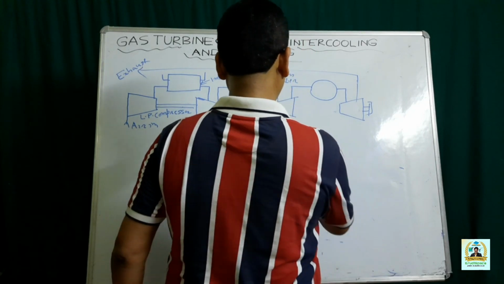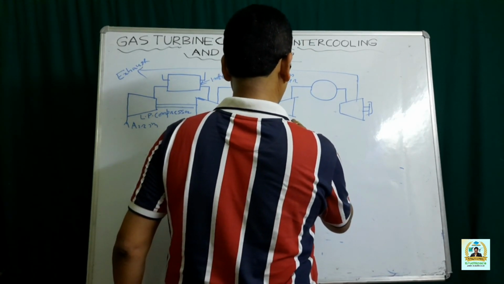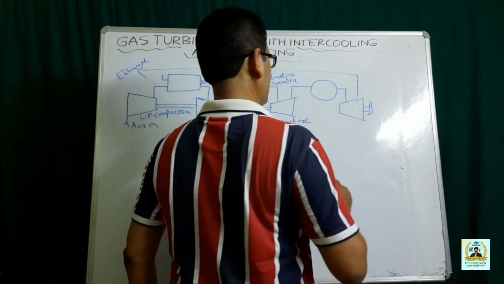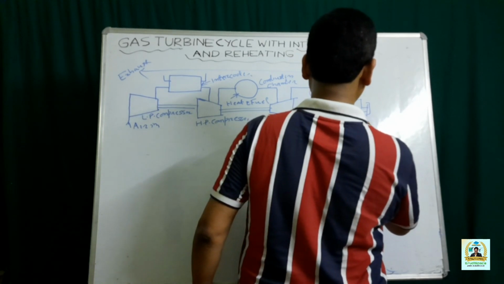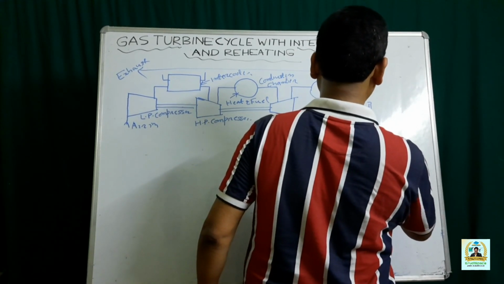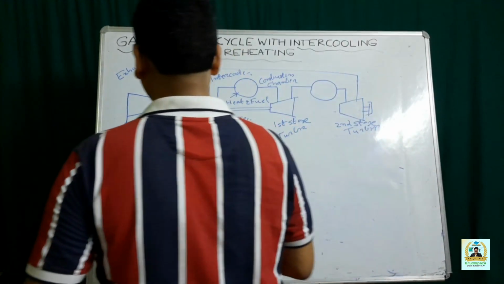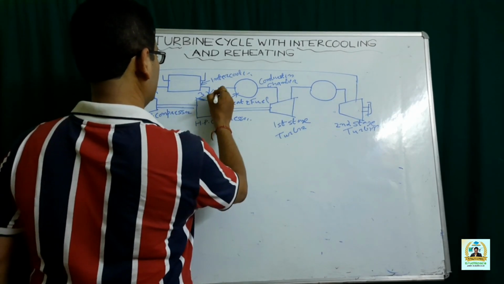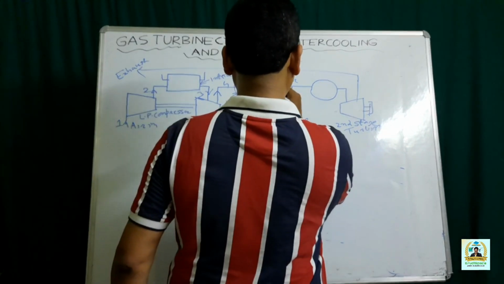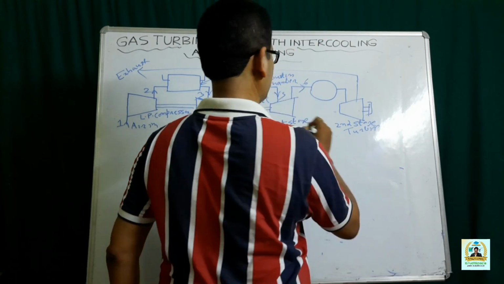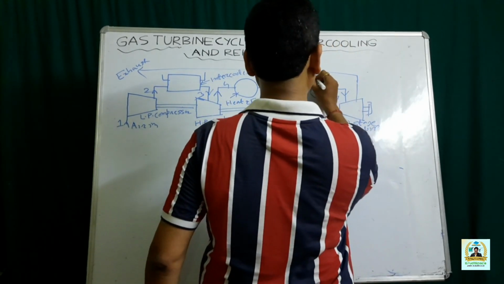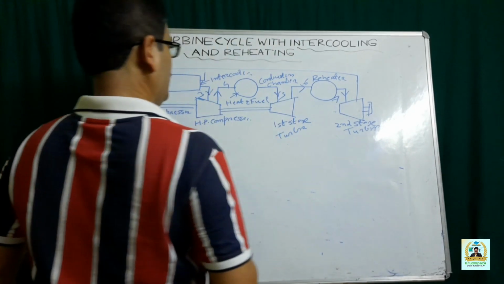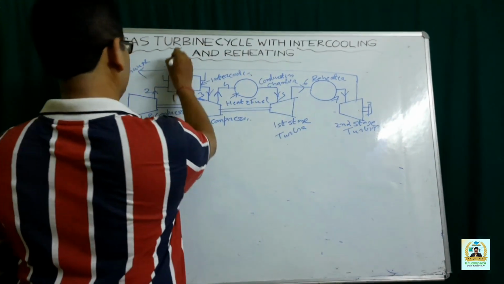Then this one is the first stage turbine. This one is your second stage turbine. This is 1, this is 2, this is 3, this is 4, this is 5, this is 6, this is 7, this is your reheater, and then this one is 8.